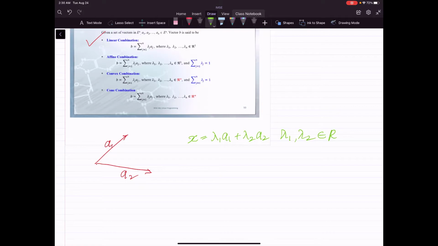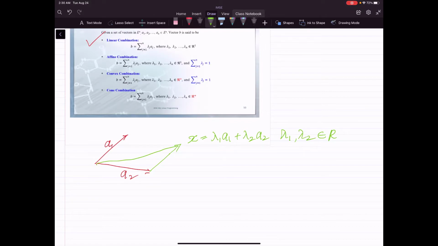So let's look at what happens if lambda 1 equals 1 and lambda 2 equals 1. What we actually have is just moving the A1 to here, and that's the x vector you have.